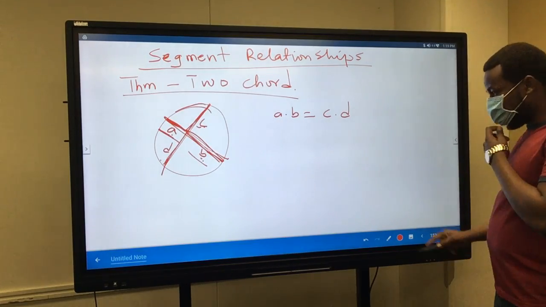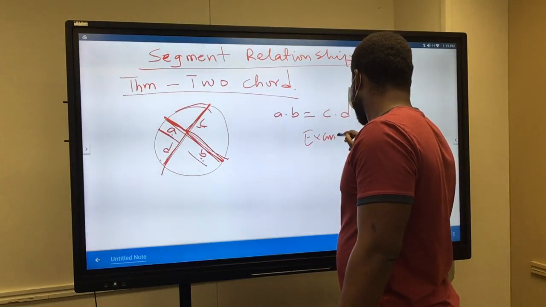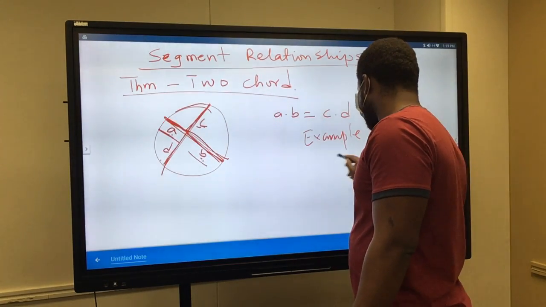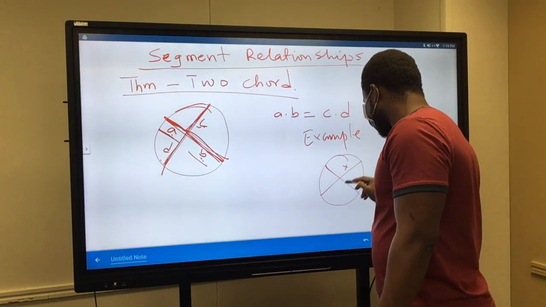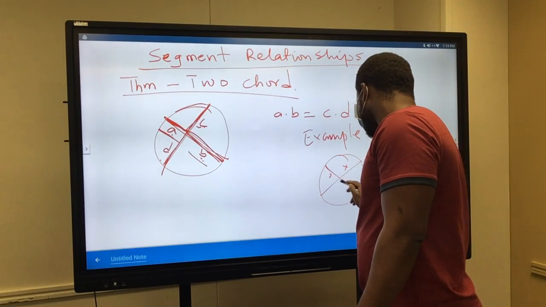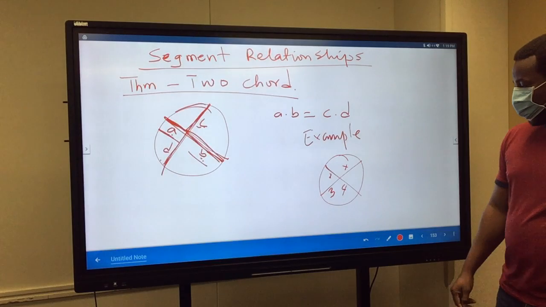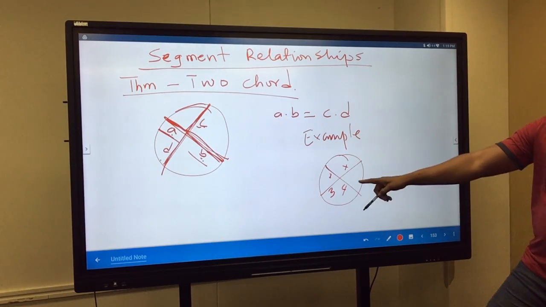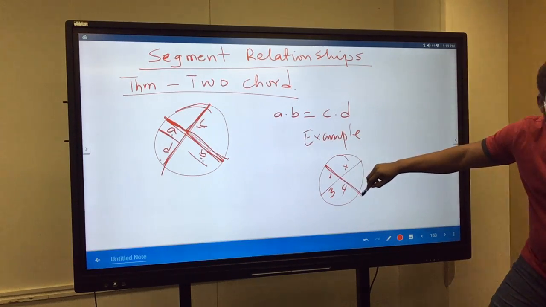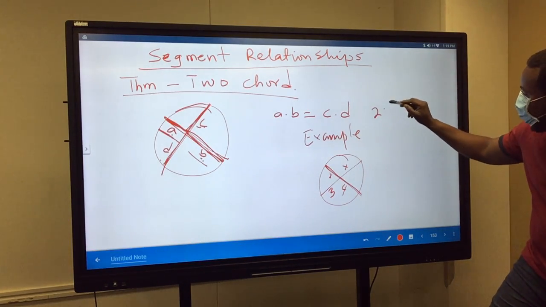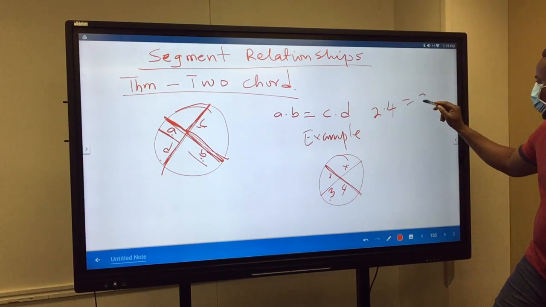Now, let's look at one example. If I have this chord, and this is x, with 2 here, 4 here, and 3 here, and I want you to find x, all you have to do is multiply 2 by 4, which is equal to 3 times x.